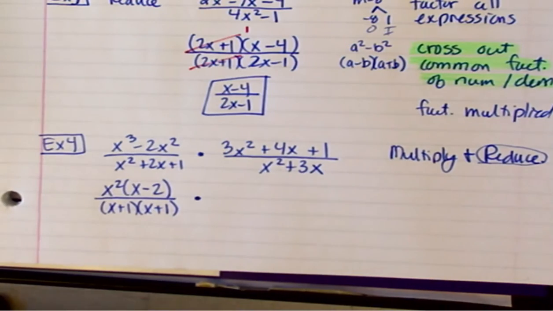Okay, you factor the other 2 expressions. Right, I can't reduce until I have factors. Because I don't want to FOIL this. It's way too big. And so I'm going to try to reduce it before I do that multiplication.